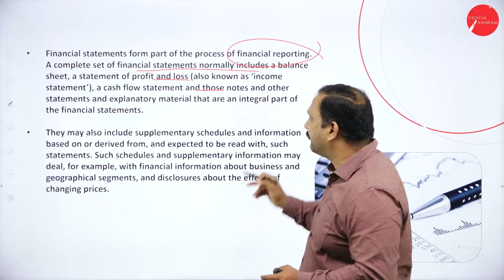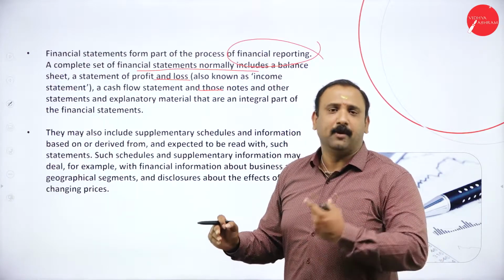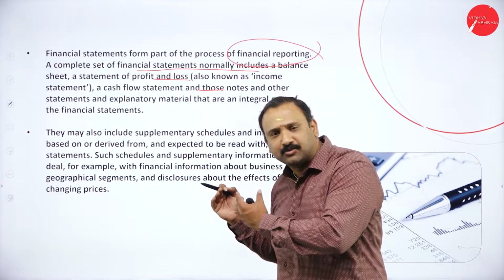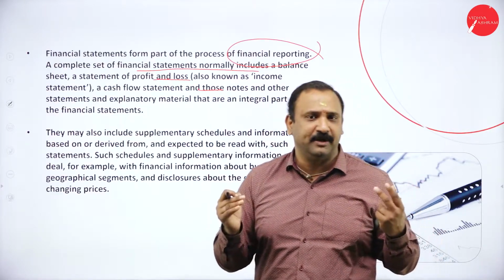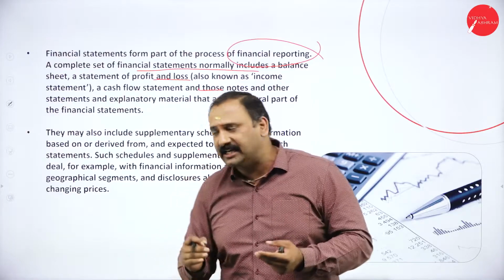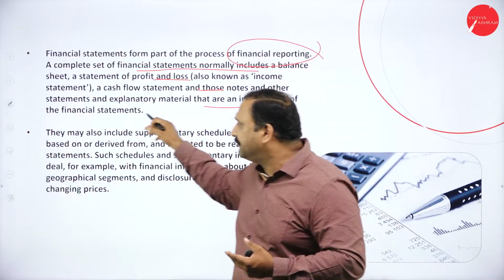And that catalog of information will be your balance sheet, your cash flow statement, your profit and loss statement, your fund flow statement. All those things will become a part of the attachment, which has to be presented in a particular, understandable manner, so that they form the integral part of the financial statement.